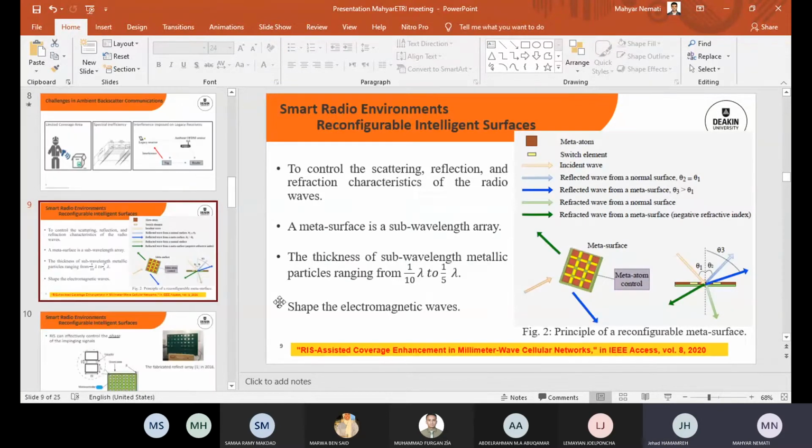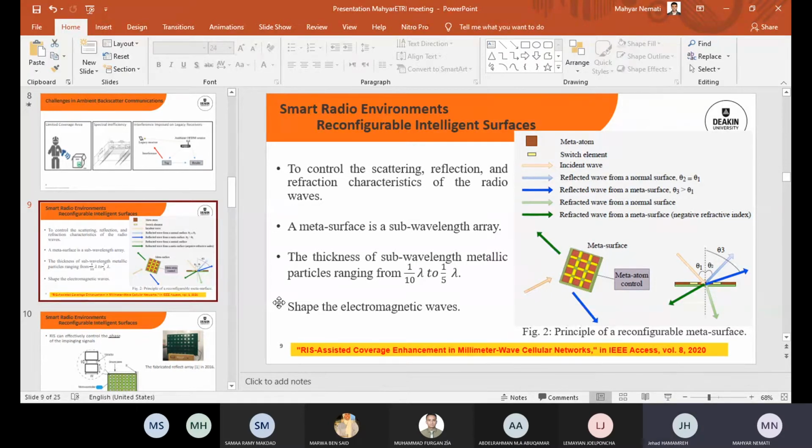This new emerging technology is called smart radio environments. There are some other terminologies for it, like reconfigurable intelligent surfaces, intelligent reflecting surfaces, metasurfaces, software-controlled metasurfaces. All of these terminologies refer to the same concept, which is called smart radio environments.